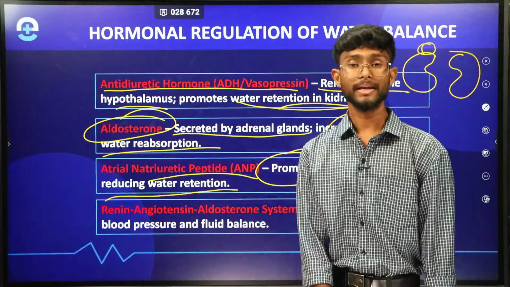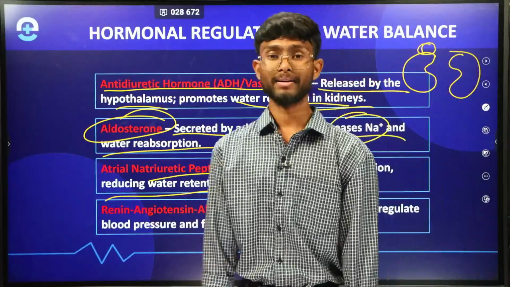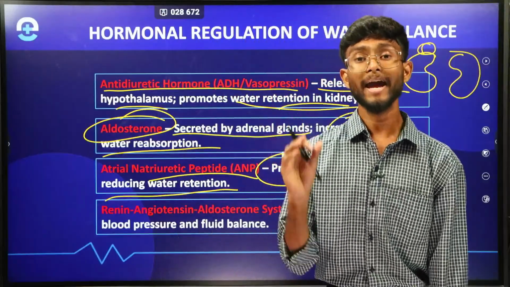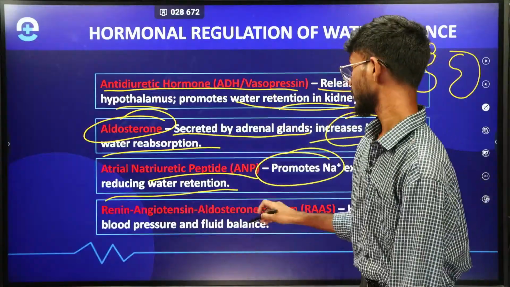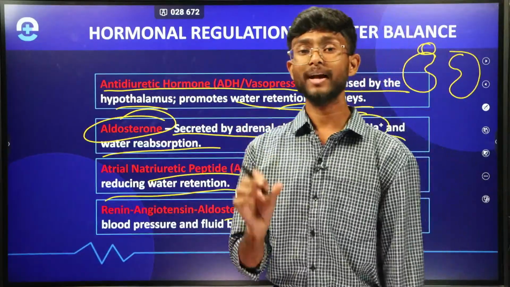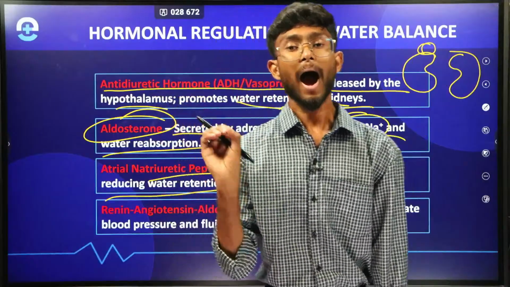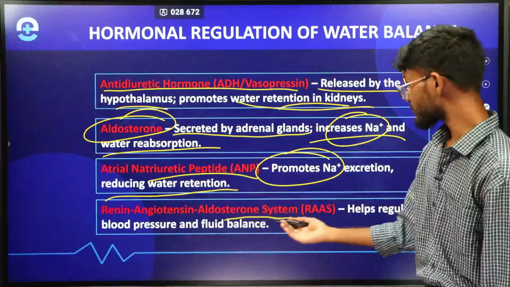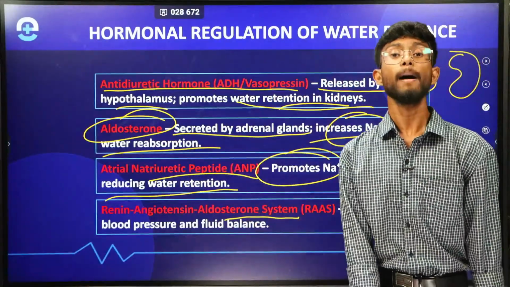Next hormone, that is the RAS hormone. You call it the RAS hormone, that is the renin angiotensin aldosterone system. What is the abbreviation of RAS? That is renin angiotensin aldosterone system. What does it help with? It helps to regulate the blood pressure.